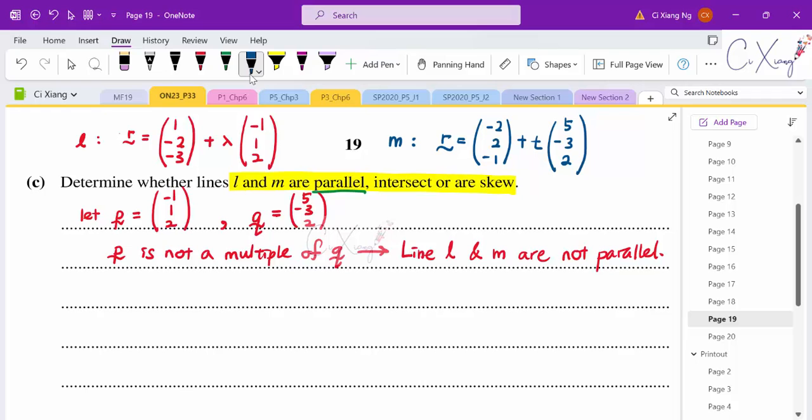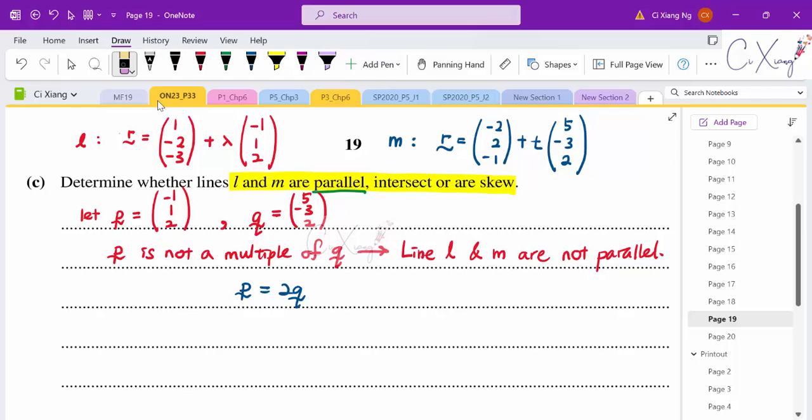Okay, just in case some students might ask, what's the meaning of P is not a multiple of Q? A very quick explanation: if P can be written as 2Q, then basically P is a multiple of Q. If you compare the vector P and the vector Q here, the directions of the lines cannot be written in any form of P equals 2Q or maybe P equals 1 over 2Q.